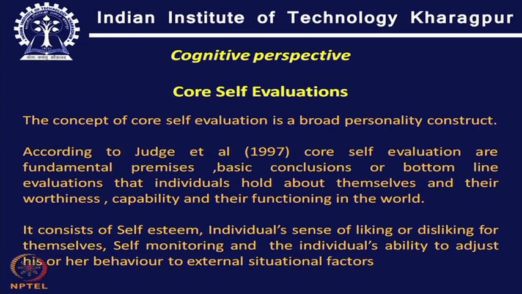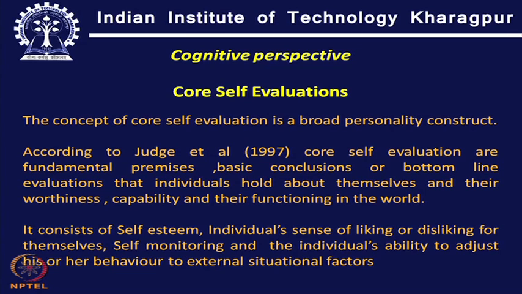This leads to cognitive perspectives on personality, which tell us that self evaluation is a broad personality construct. According to Judge, core self evaluations are fundamental premises, basic conclusions or bottom line evaluations that individuals hold about themselves and their worthiness, capacity and functioning in the world.